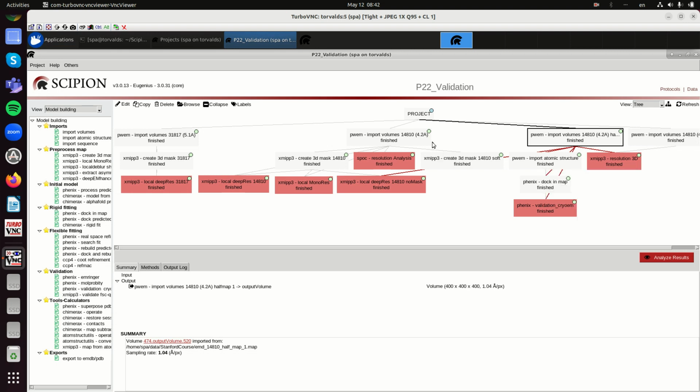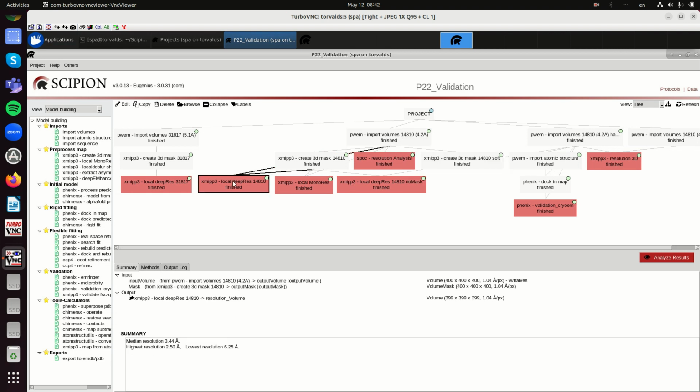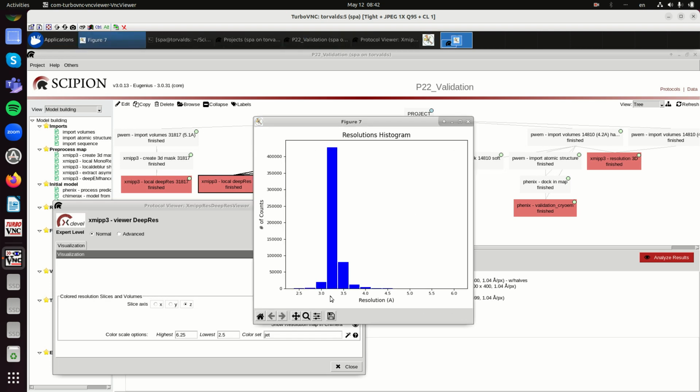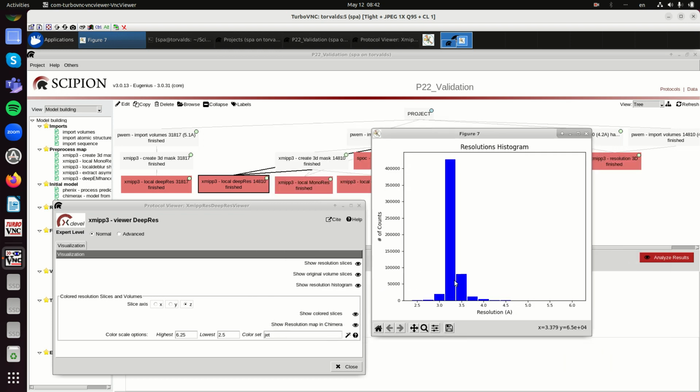Okay, so let's take the masked map, and we will analyze the local resolution with DeepRes. So the local resolution looks like this. They were claiming 4.2 angstroms. This says that it is 3.2 or 3.4 or something like that.